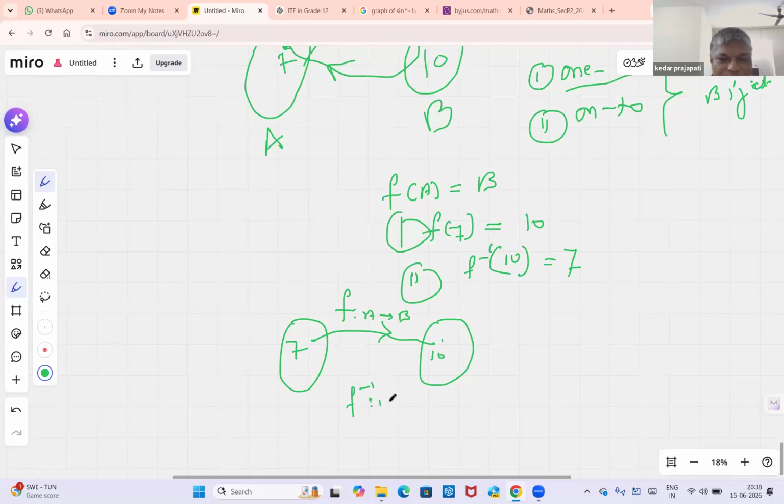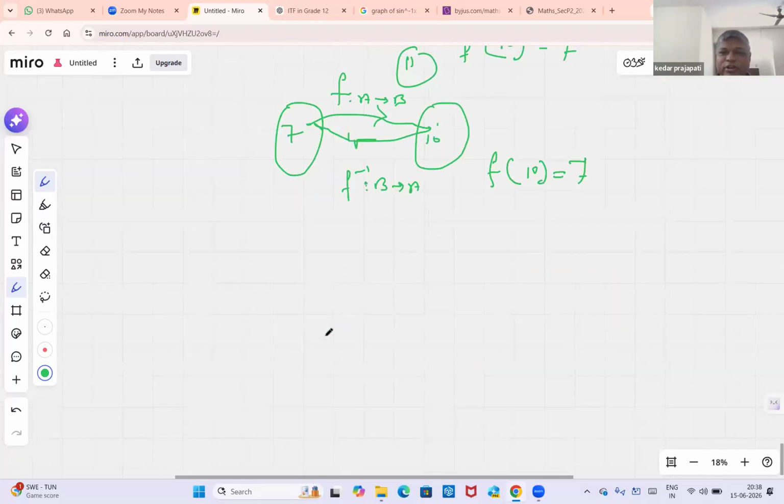F inverse from B to A will also be true when f inverse of 10 is equal to 7. So both the relations should be true, correct? You're getting my point, right? One question comes from this concept in your exam.